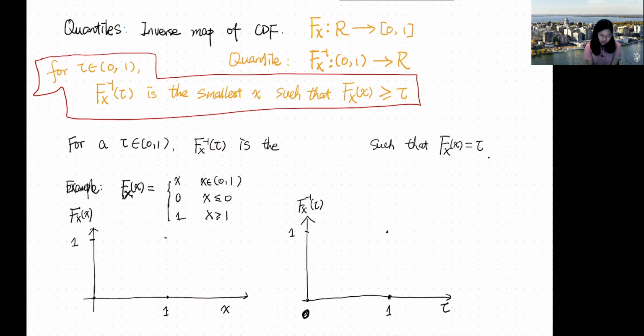This is actually stating the same thing: for tau in 0, 1, the quantile function is the smallest x such that F_X(x) is greater than or equal to tau.